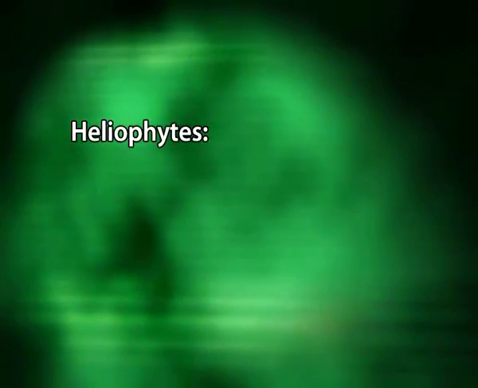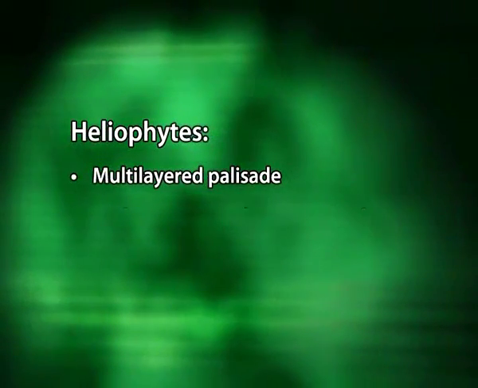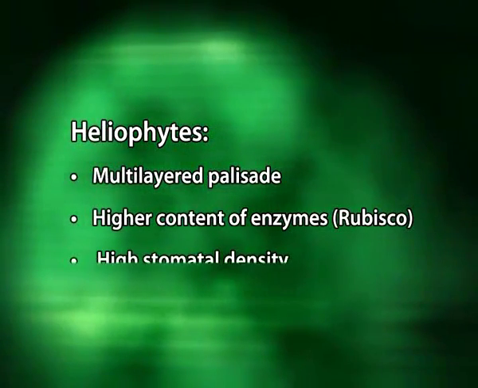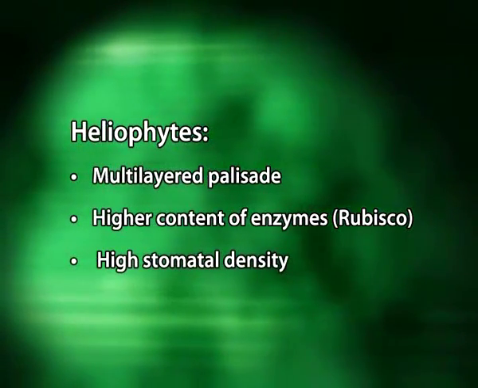The multi-layered palisade tissue, a higher content of enzymes such as the carboxylating enzyme Rubisco, and high stomatal density for an efficient gas exchange are collective indices reflective of a high photosynthetic rate in leaves of plants adapted to high light intensity environments than in sciophytes, which are plants which have low palisade to mesophyll tissue, low stomatal density and low Rubisco content, which is adaptive in low light environments for optimizing a low rate of photosynthesis.